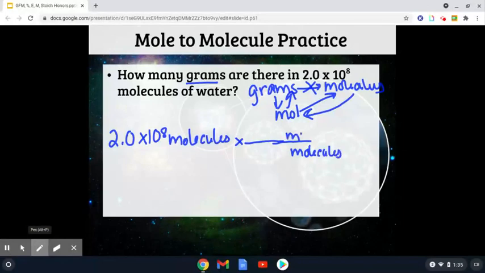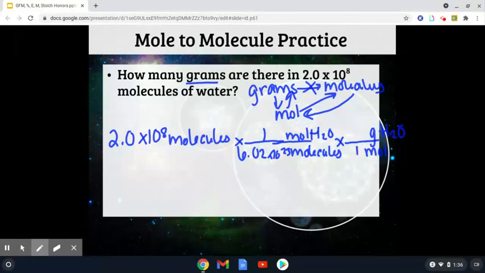Mole on the top. 1 mole is 6.02 times 10 to the 23rd. But we don't want to stay at molecules, so I'm going to put another conversion factor, and I'm going to put moles of water on the bottom, and I'm going to put grams of water on the top.